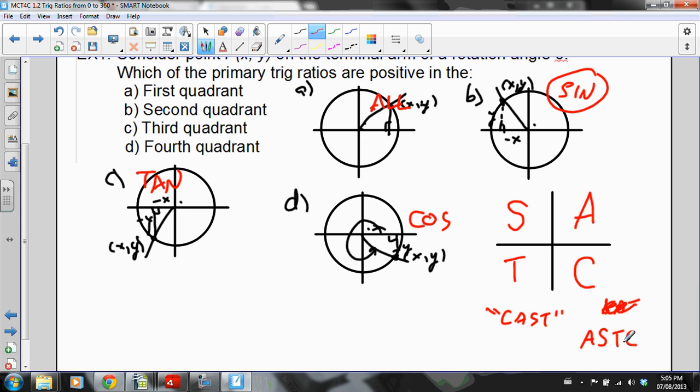CAST is easy to say, but another way to remember it is all soup turns cold. ASTC, all soup turns cold, and then that way you can start counting in the first quadrant. Okay, I'm going to stop this video here, and we'll get on with the examples in a second.